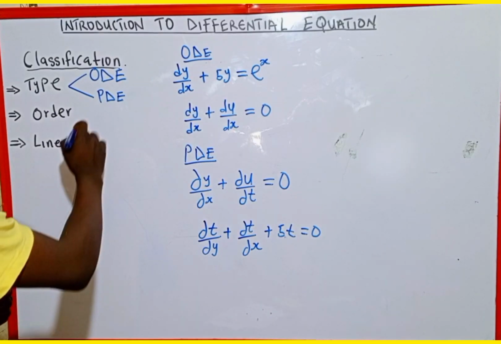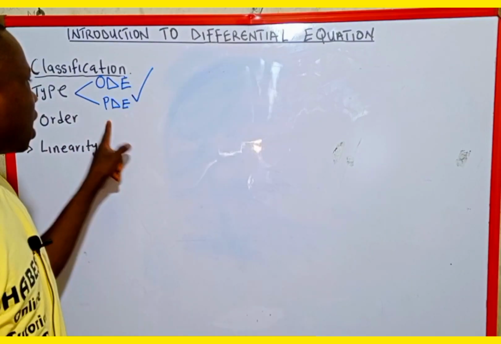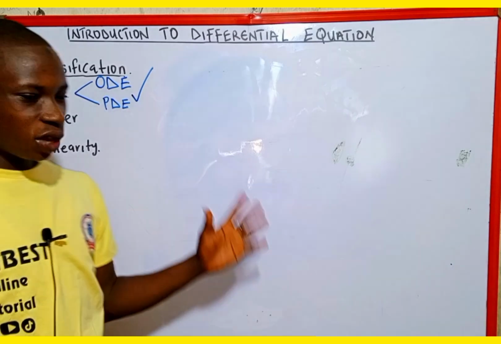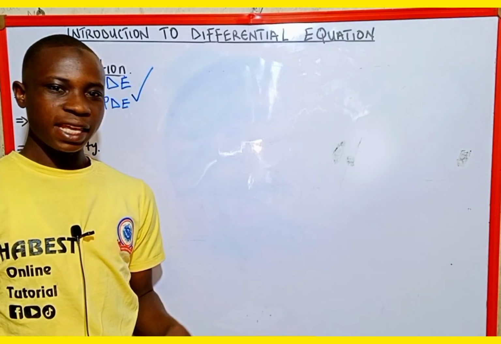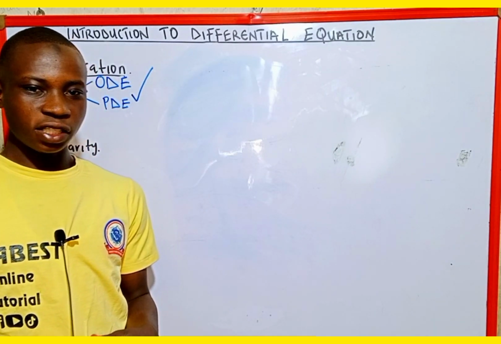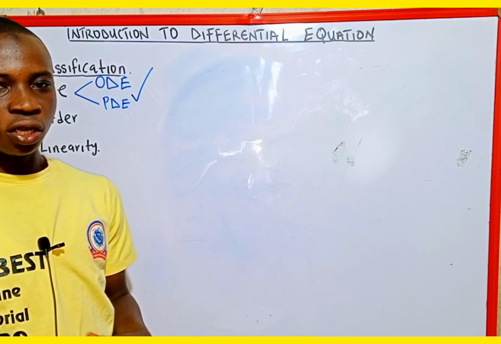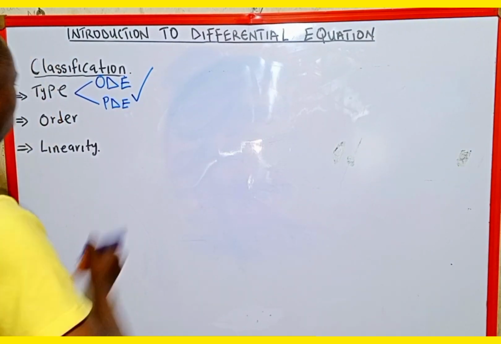Now the next thing we are going to look at is classification by order, which is the order of the highest derivative in an equation. Let us see some examples.